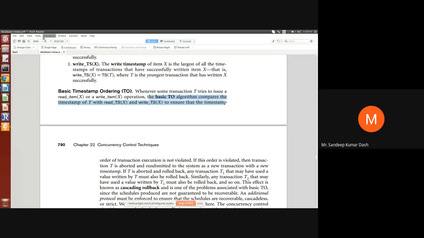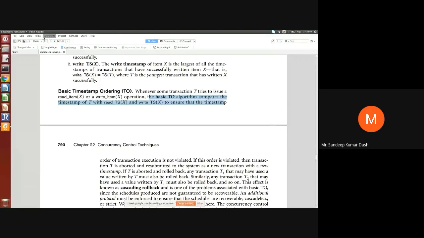But suppose in the issuing of the lock, it got delayed. T1 is trying to read a data item X, which is already written by T2, because the write timestamp of X is now 2, because T2 has already written it. The read timestamp of X is also 2, because T2 has read it and written it.